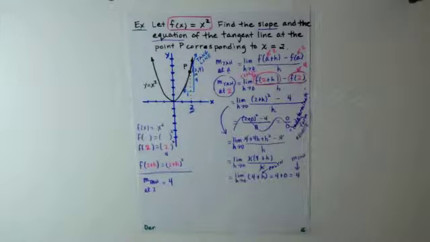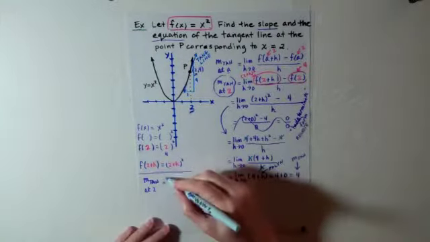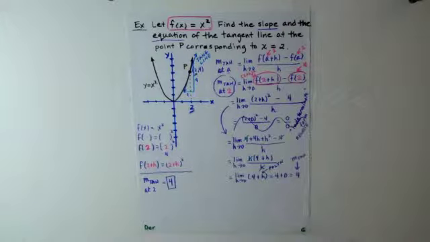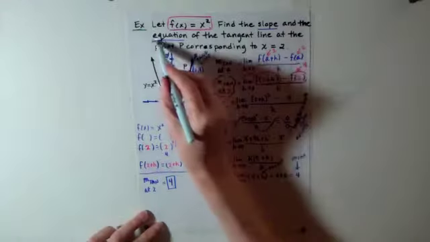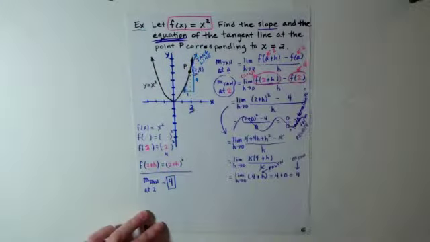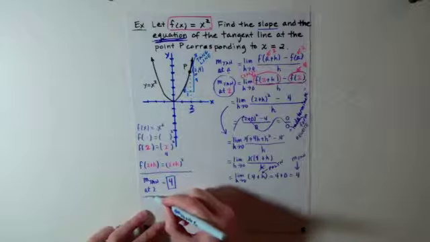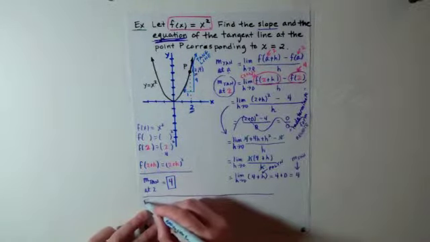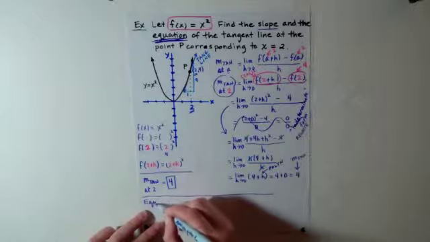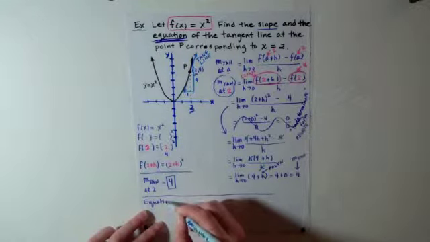Okay, great. So now we've found the slope of the tangent line to the curve at the point P. And let's go ahead and find this other thing we were asked to find, the equation of the tangent line. Well, let's go ahead and think about that. To find the equation of any line, remember that we need really two things.